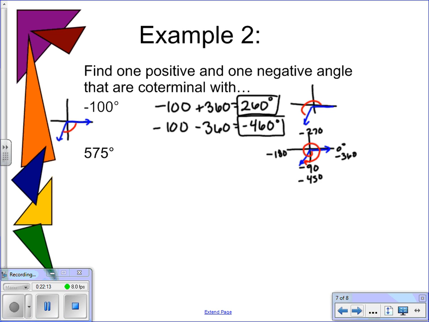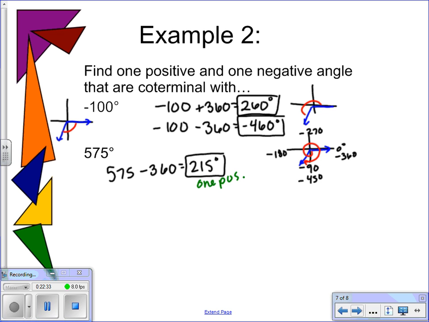So I kind of keep my eyes peeled for problems like this. If the number is bigger than a rotation, I'm going to subtract it once to get 215. And that's my one positive coterminal angle.